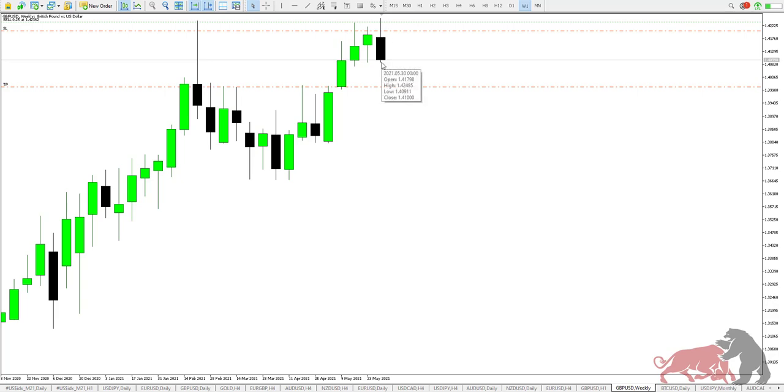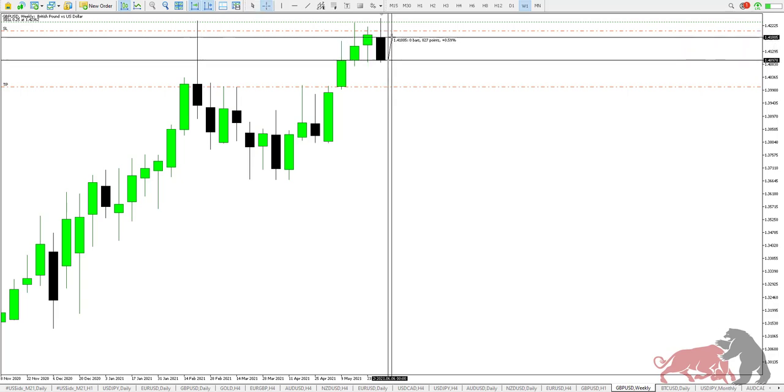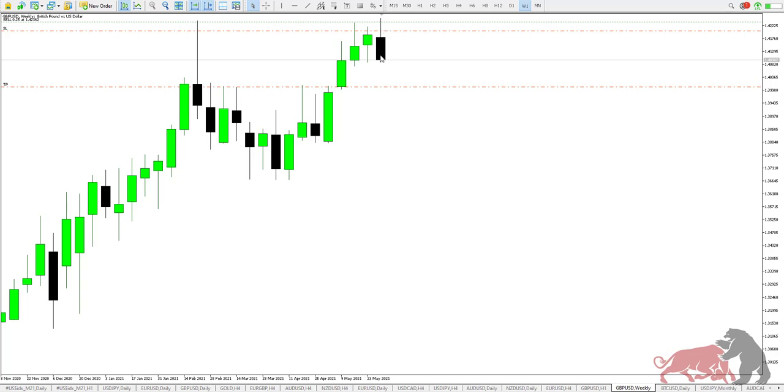We only have a day left in this trading week, which is Friday, and for this candle to close bullish, it needs to reverse just above 80 pips, which is huge.